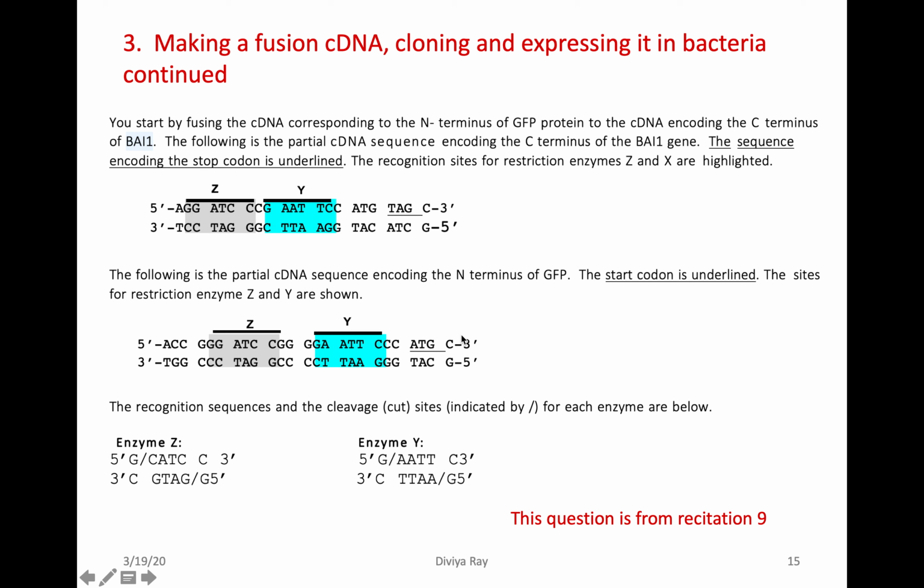Similarly, the start codon for GFP is underlined for you, so you use this information to figure out the right reading frame of the GFP. Both of these have the recognition sites for restriction enzymes Z and Y. So you want to figure out which of these restriction enzymes you should use in order to make the fusion cDNA.